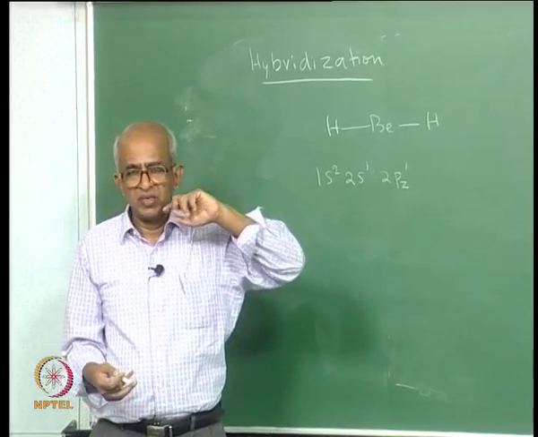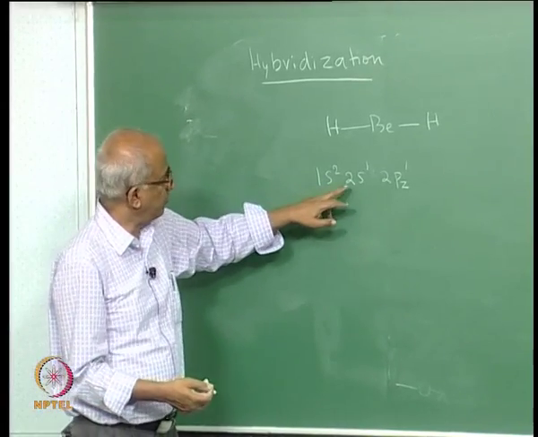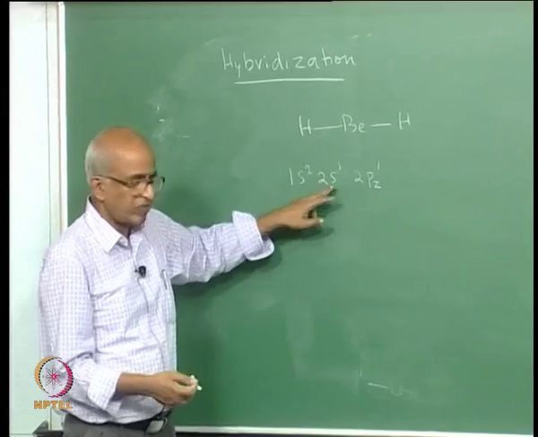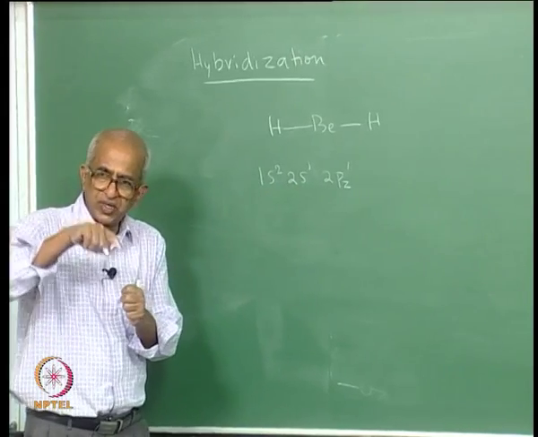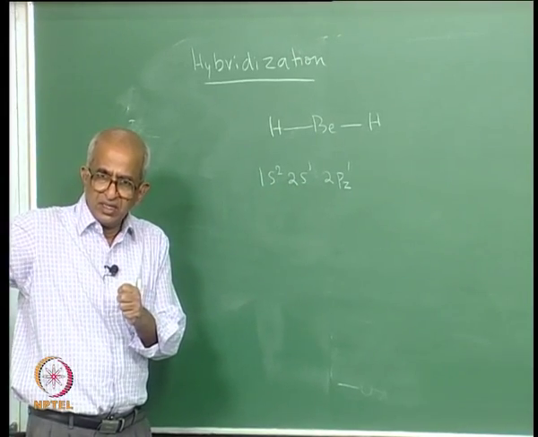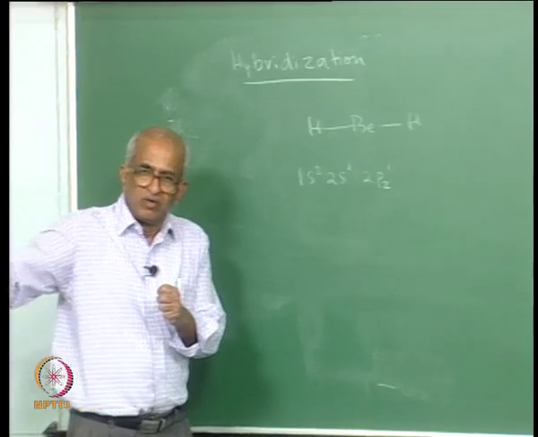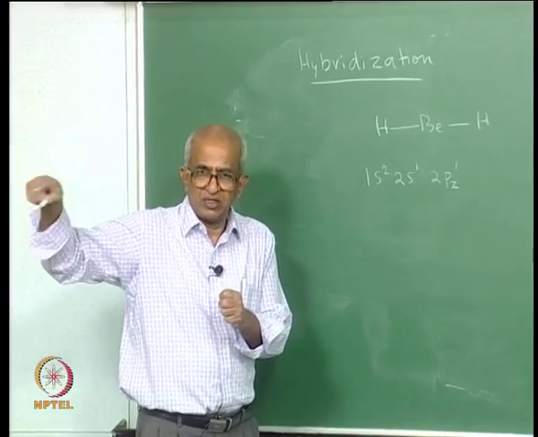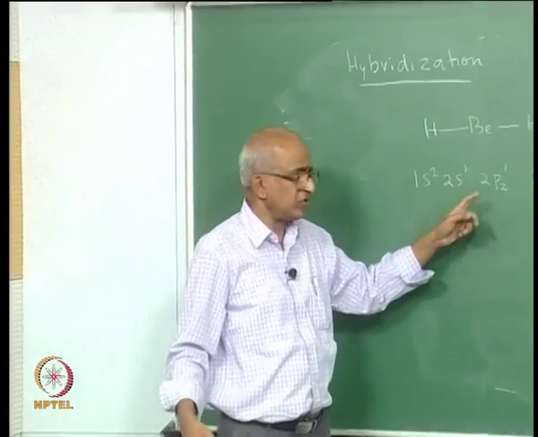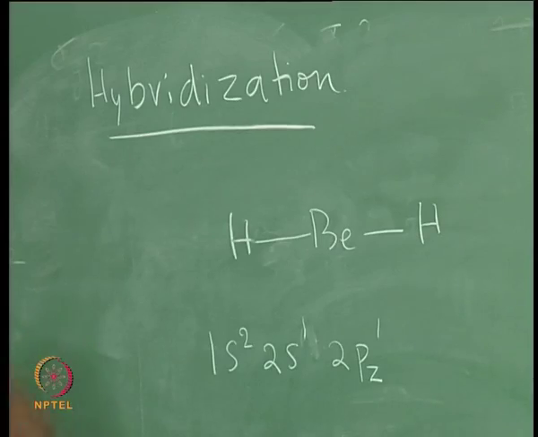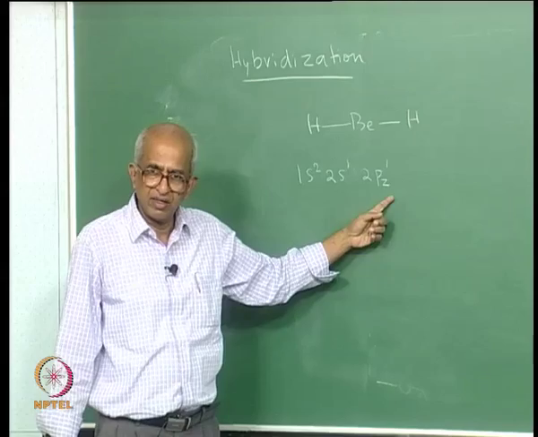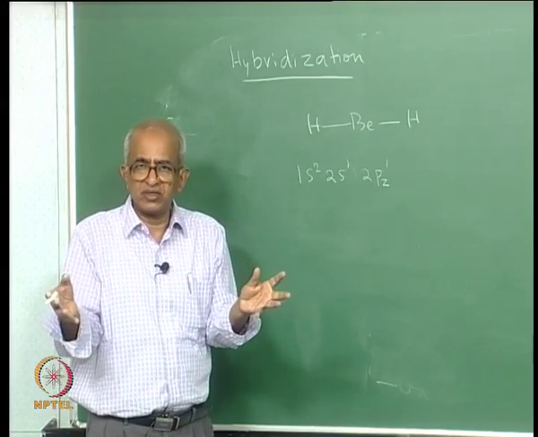Okay. But if that is the way it is, you have one electron in 2s, which is going to pair with the electron of hydrogen sitting in 1s, and this is going to pair with the electron of the other hydrogen, so that you have two electron pair bonds.